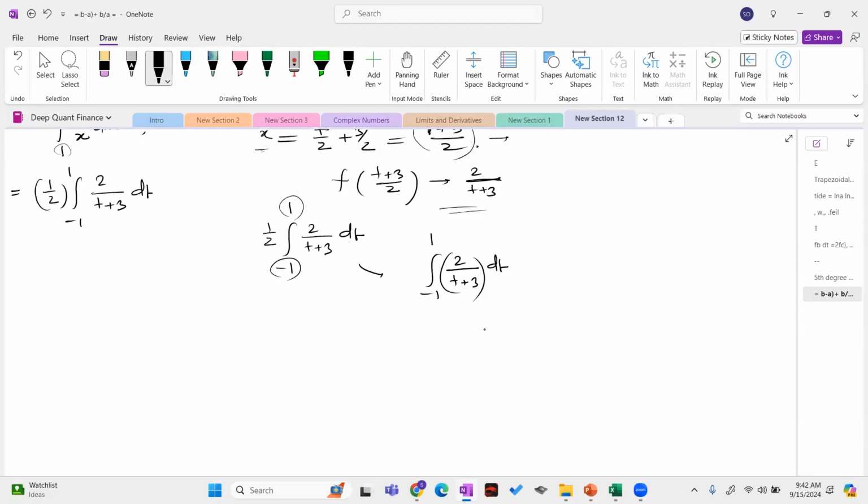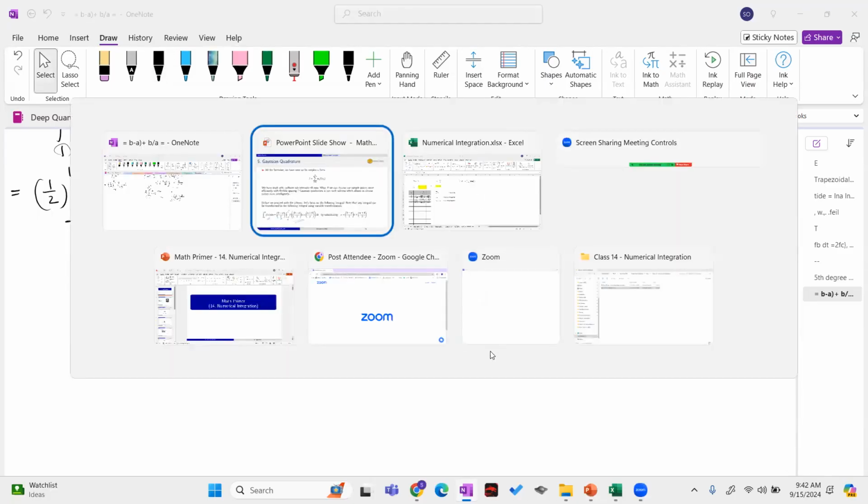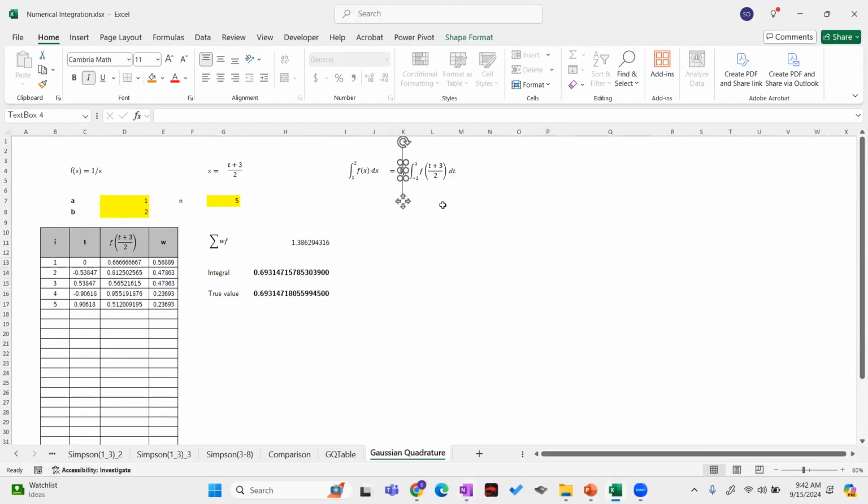Now I'll go back to Excel. So I've written it here, right? Ultimately, this original integration transforms into half times the integral from -1 to +1 of f of t plus 3 by 2. In fact, I can remove this and just directly write this is nothing but, oh my God, I am not able to see my ribbon.